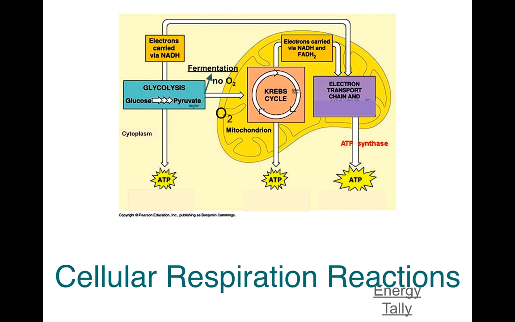So here's the actual reaction. A couple things to note. The first step, glycolysis, occurs in the cytoplasm, not actually in the mitochondria. This yellow thing right here is the mitochondria. And then we have the Krebs cycle and electron transport chain. Let's talk about each one of those steps individually.